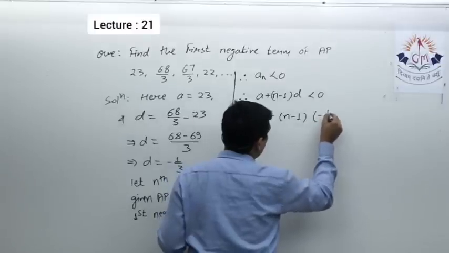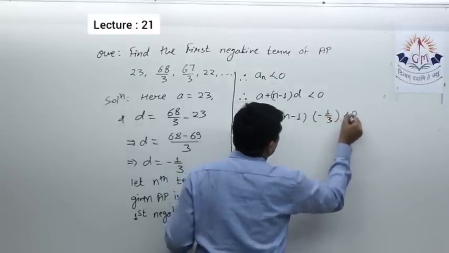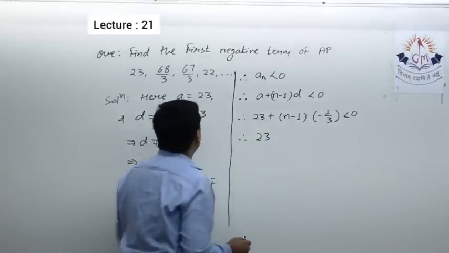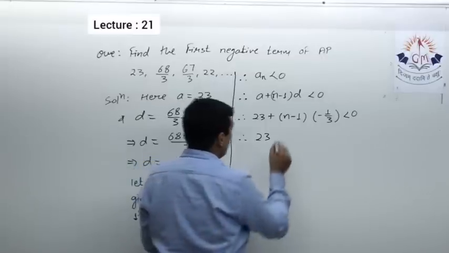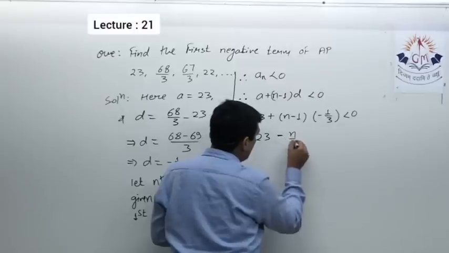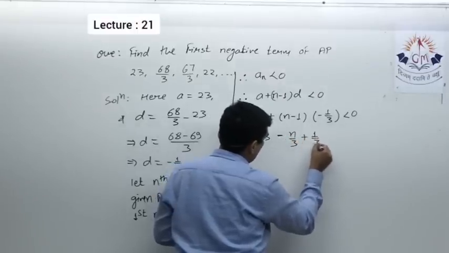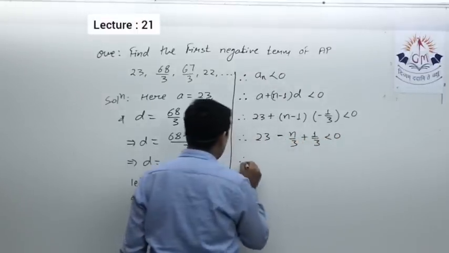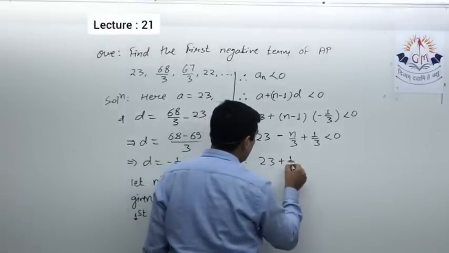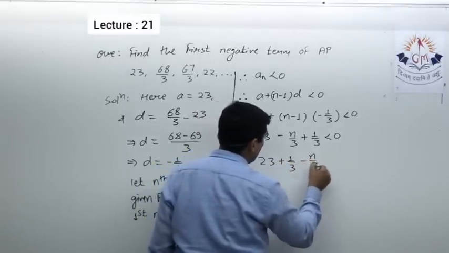Common difference is minus 1 by 3. So 23 minus n by 3 plus 1 by 3 is less than 0. That is, 23 plus 1 by 3 minus n by 3.